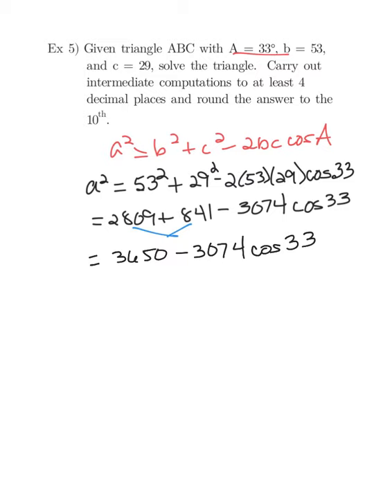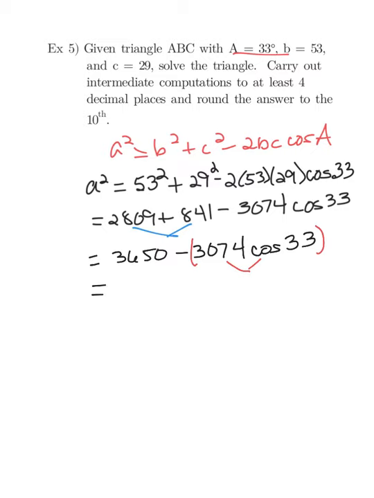We have to multiply before we subtract. So when you're putting it in your calculator, put in the 3,650 minus, and then put 3,074 times the cosine of 33 in a set of parentheses.